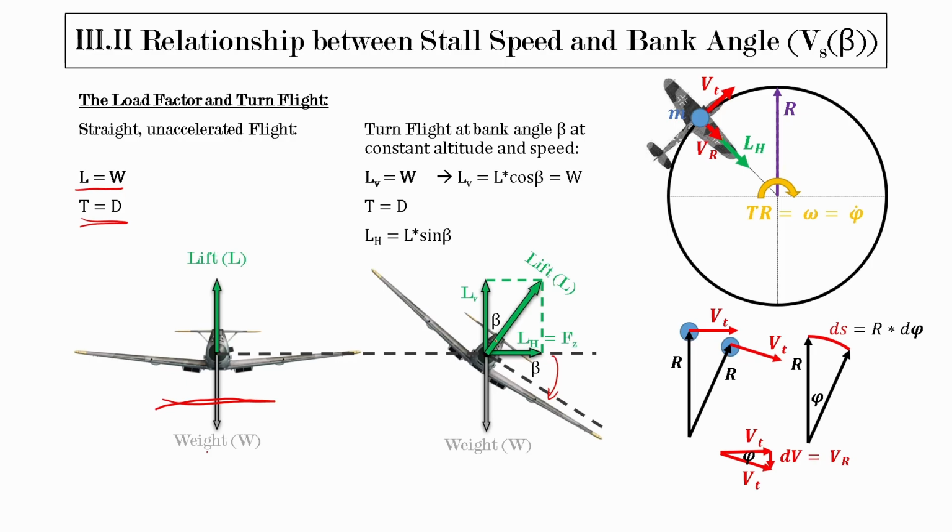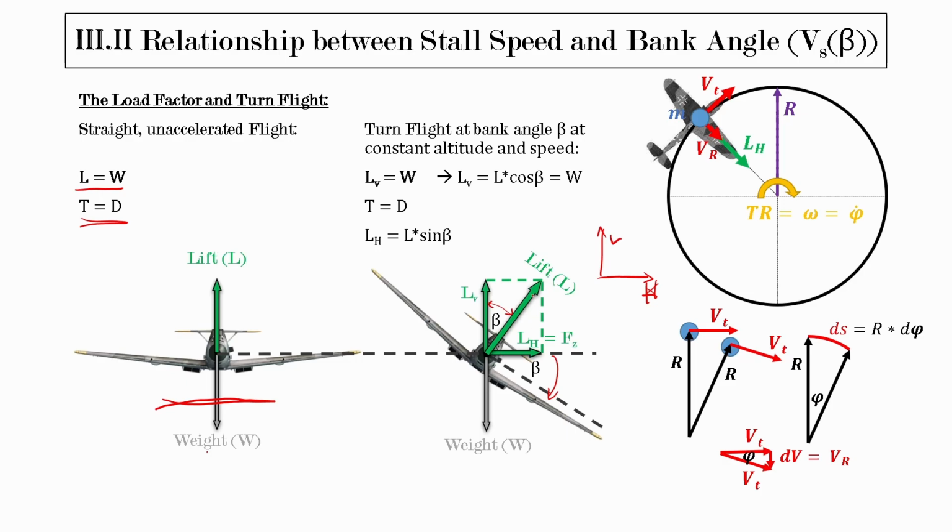So we are just splitting the forces into their respective components with regards to the two dimensions we are looking at, let's say horizontal and vertical. And obviously we have the bank angle here as well between these two.